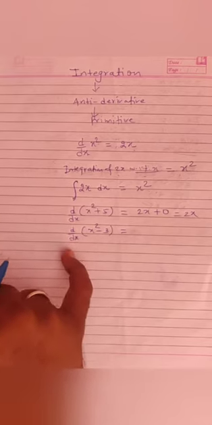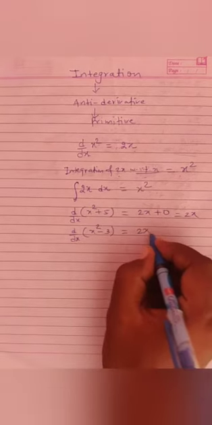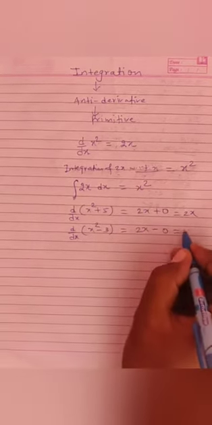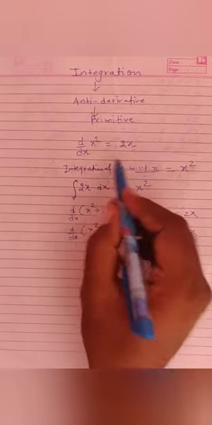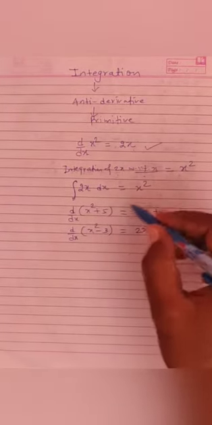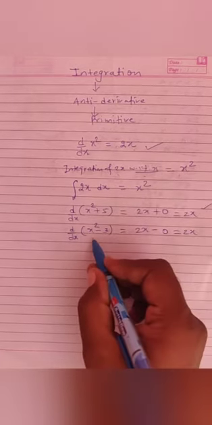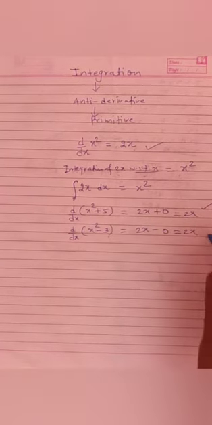The derivative of x square minus 3 is 2x and that of 3 is 0, so again the answer is 2x. So here, the derivative of x square is 2x, that of x square plus some constant is also 2x, and x square minus some constant is also 2x.